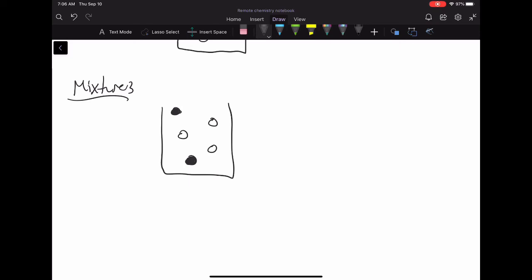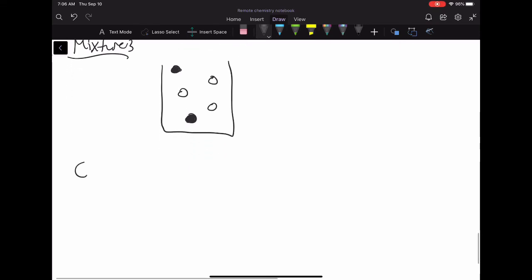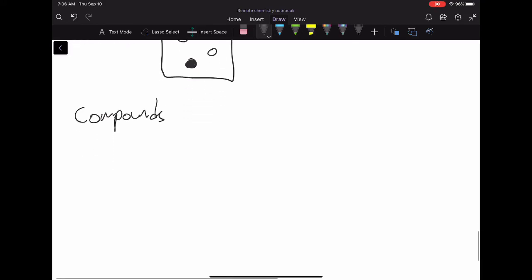You can also have particle diagrams to represent compounds. So sometimes you'll have particle diagrams that look like this, where one of these will be filled in.